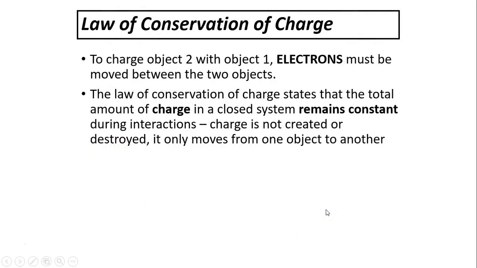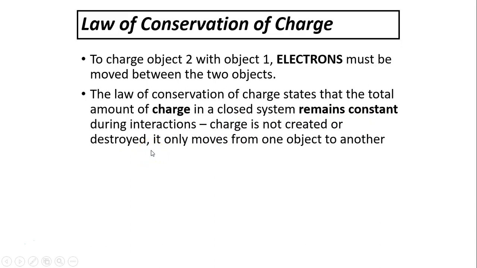The law of conservation of charge. So far we have learned the law of conservation of momentum and the law of conservation of energy. Here is another conservation law, the law of conservation of charge. It means the charge in a closed system remains constant.